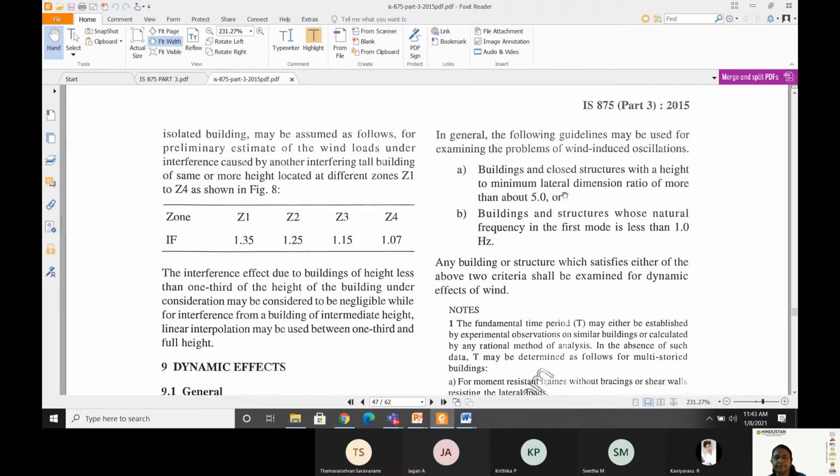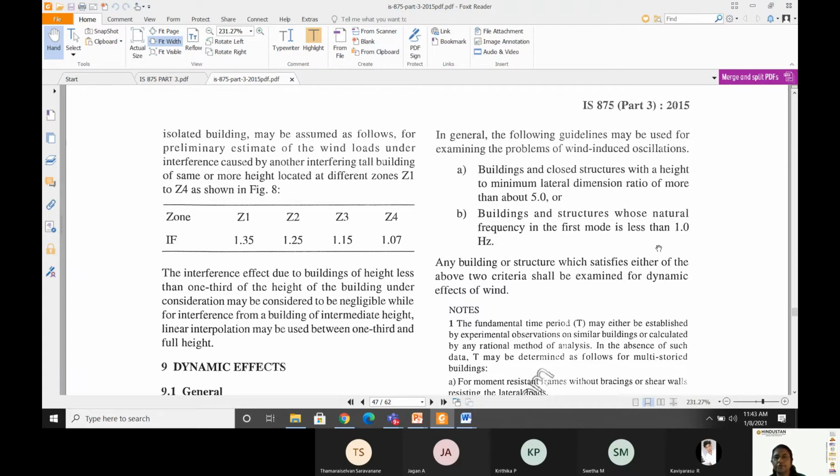That is one criterion. The next criterion is buildings and structures whose natural frequency in the first mode is less than 1 Hertz. Last class I was telling, when you learn structural dynamics, you learn about the natural frequency and the mode shapes, how the building is going to vibrate for lateral loads or external load.